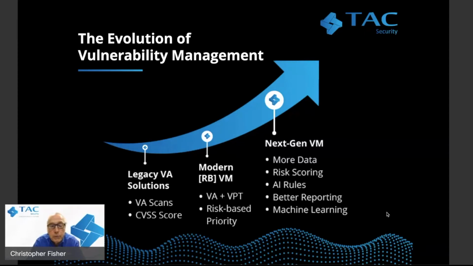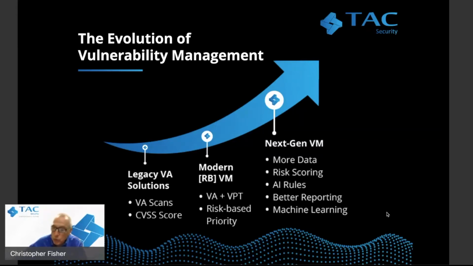And this has given rise over the last few years to what people are now calling modern or risk-based vulnerability management, where the traditional VA assessment has been combined with what's called VPT, or vulnerability prioritization technology, which is intended to give you a risk-based priority versus a priority based on just CVSS scores.